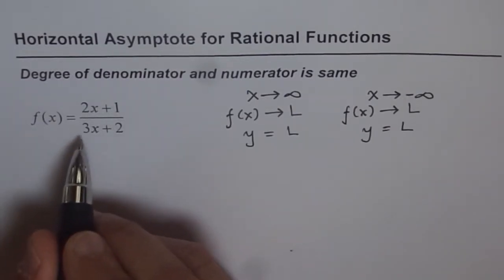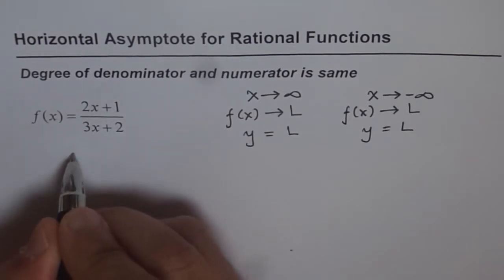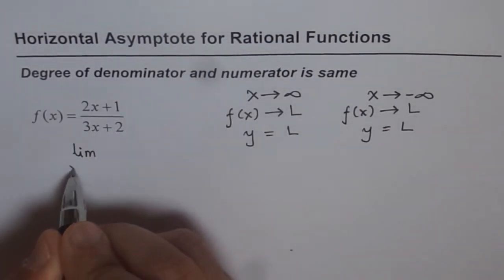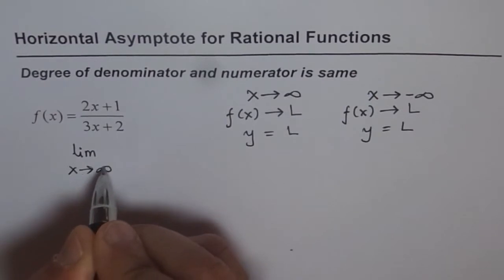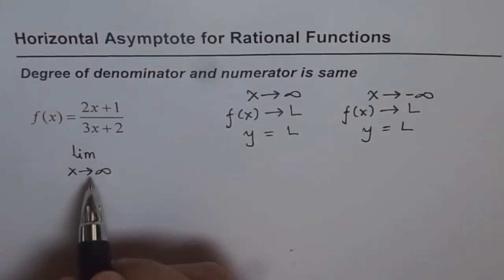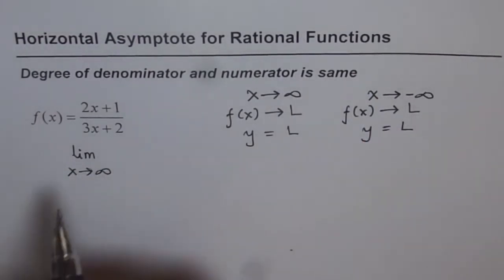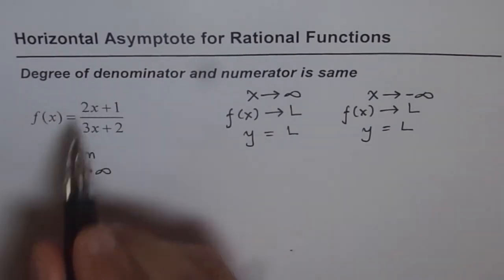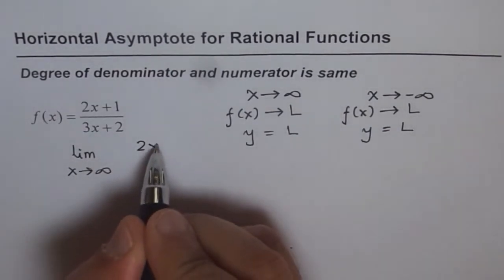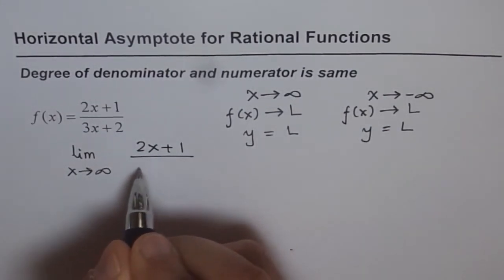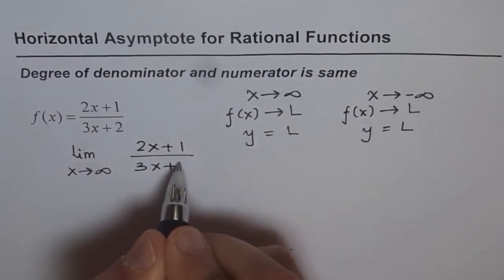What we need to find here is the limit of the function as x approaches, let's say, positive infinity. We'll do it for positive infinity, and the method for negative infinity is exactly the same. The function for us is 2x plus 1 over 3x plus 2.